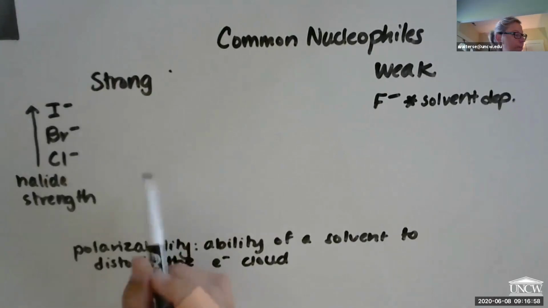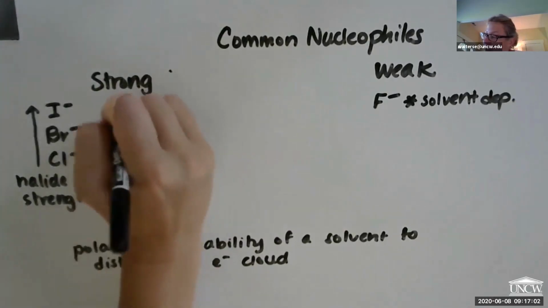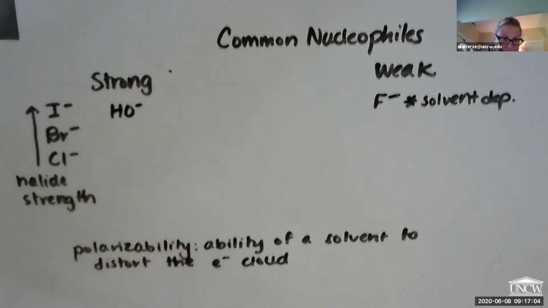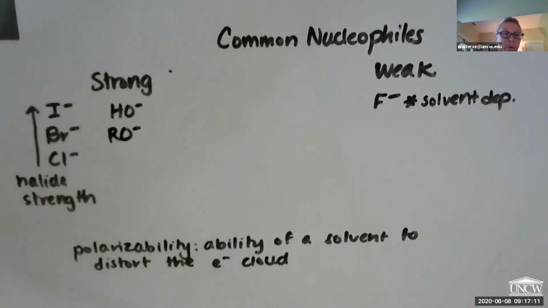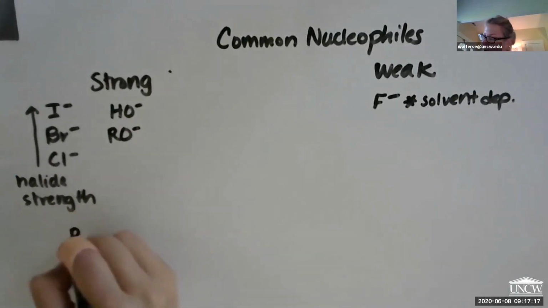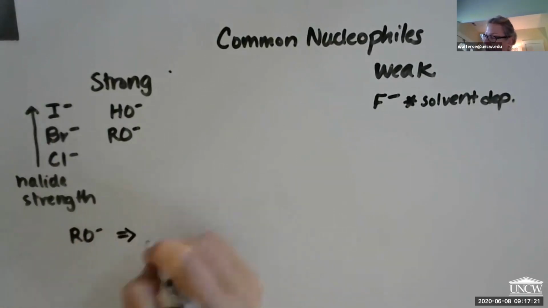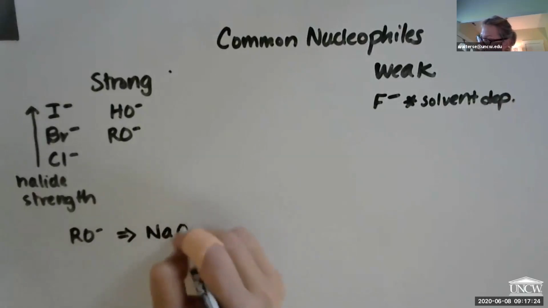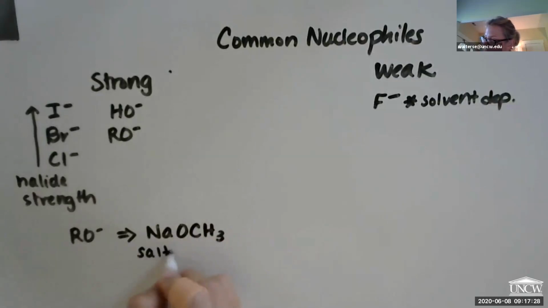So the other members of the strong group would be hydroxide, okay, and then what we're going to call RO. So let me erase this. RO is essentially what you get when you take an ionic salt.